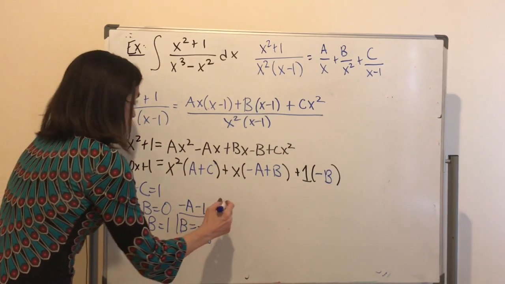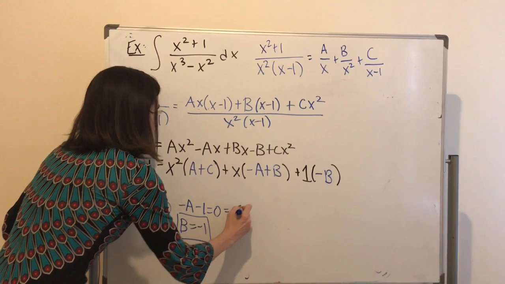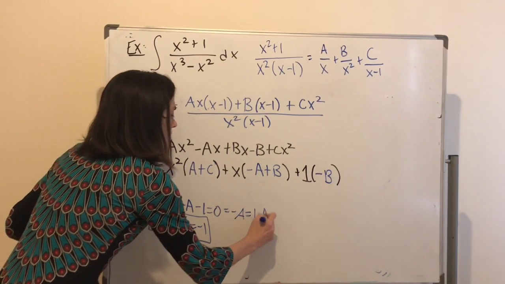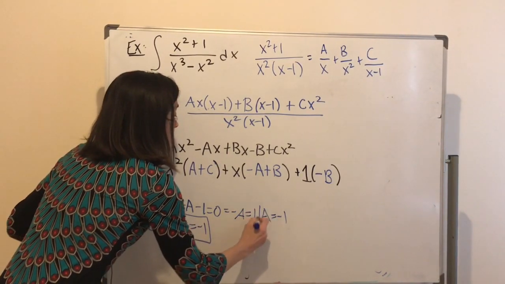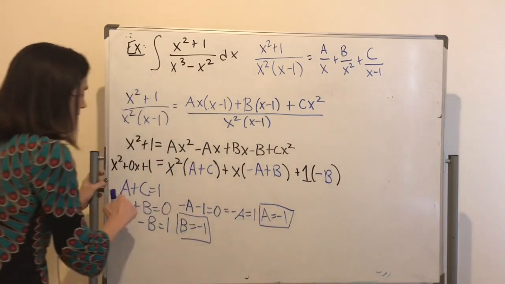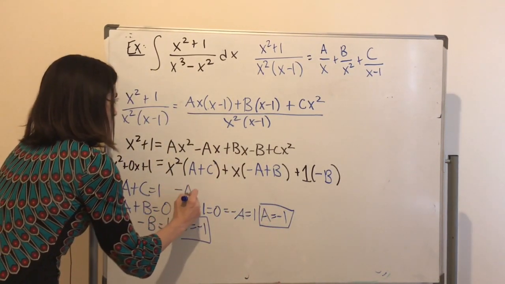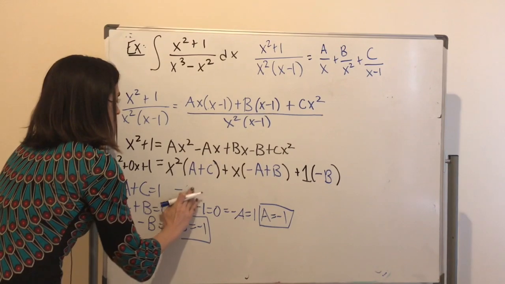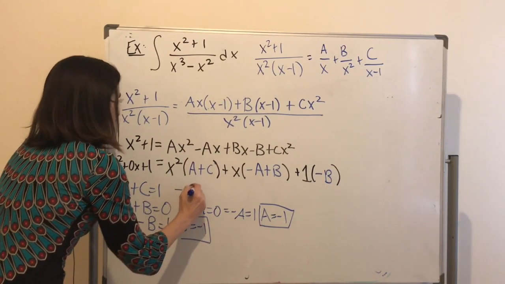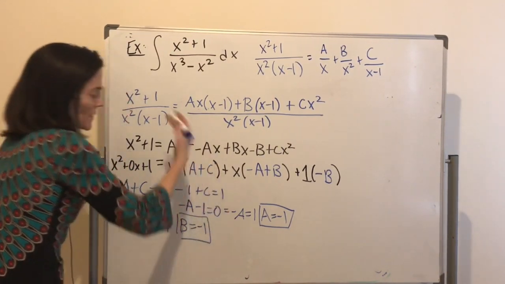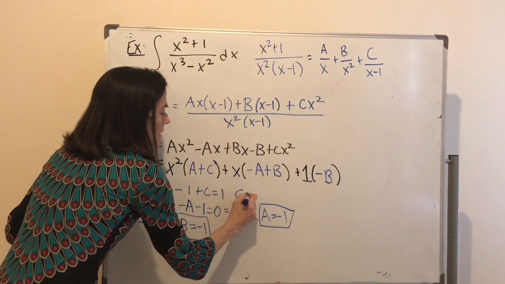Okay, so we are also going to get minus a is 1. We will get a is -1. And now we have this. A is -1. Minus 1 plus c is 1. We can just add. We get c equals 2.